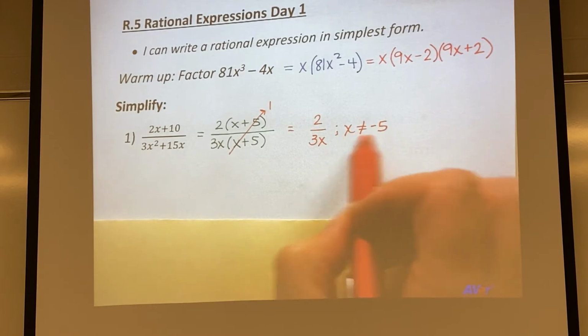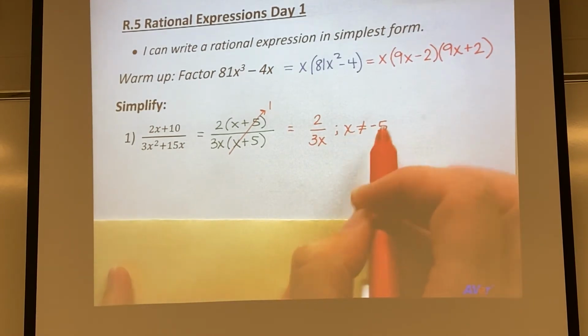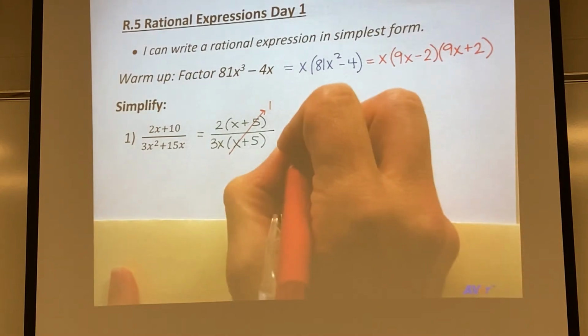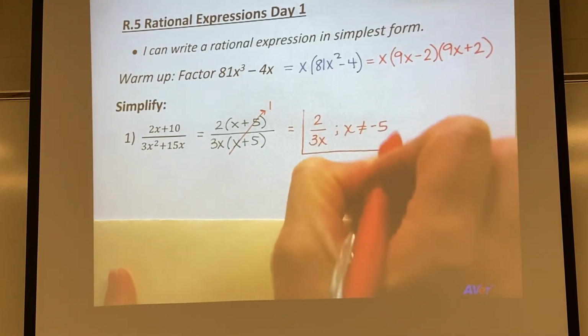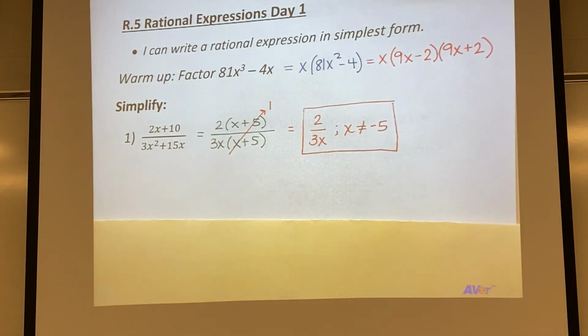So we have to state that we can't use x as negative 5. So that's restricting our domain there is what we're doing. And we'll go over it many times. But so we need to factor to simplify and then decide if there's anything we need to restrict for our domain.